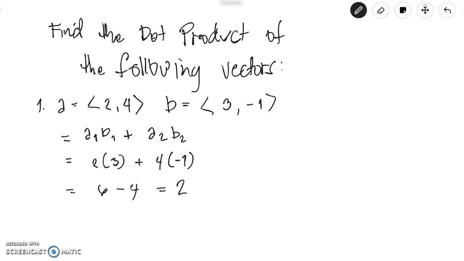Okay, next example. We are given negative 1, 7, and 4, and the other vector given is 6, 2, and negative 1 over 2. What is the dot product of the two vectors?